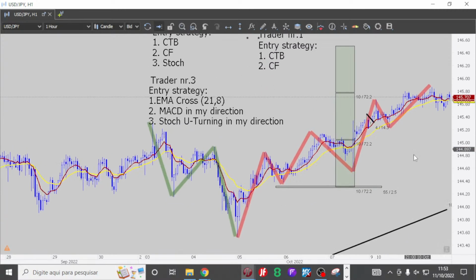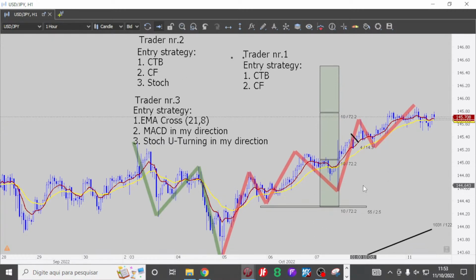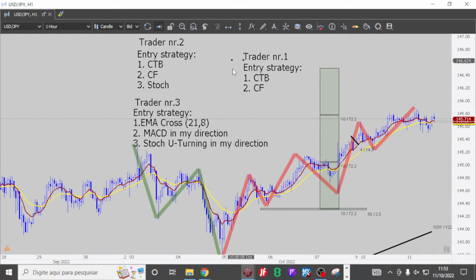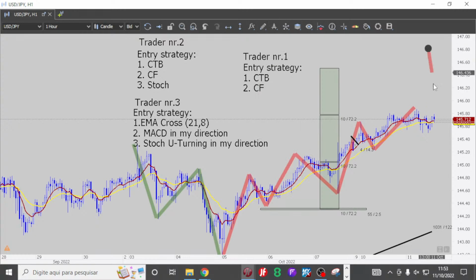It doesn't really matter what strategy, what entry rules those three traders would use today. All of them today would still be in profit. Tomorrow it's another story, but today they would be in a profit. Do we agree on this, everybody?